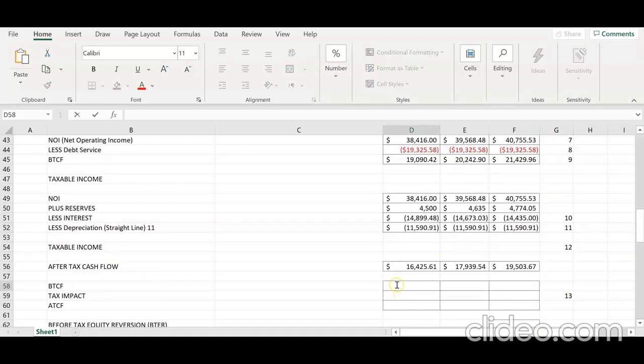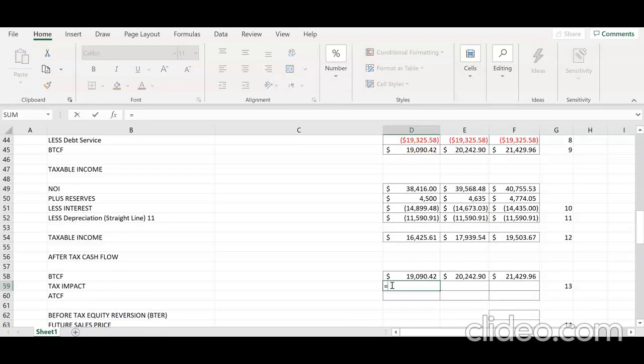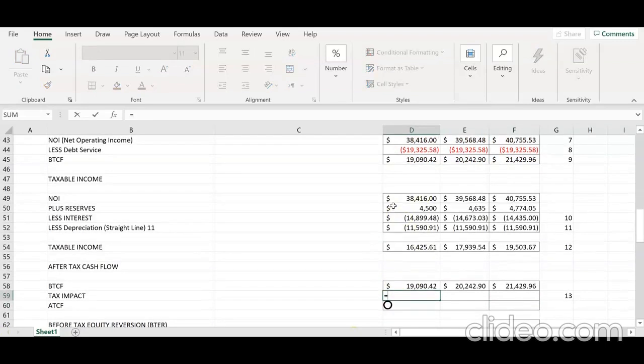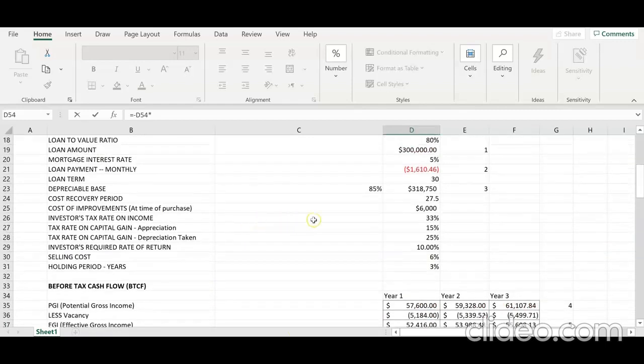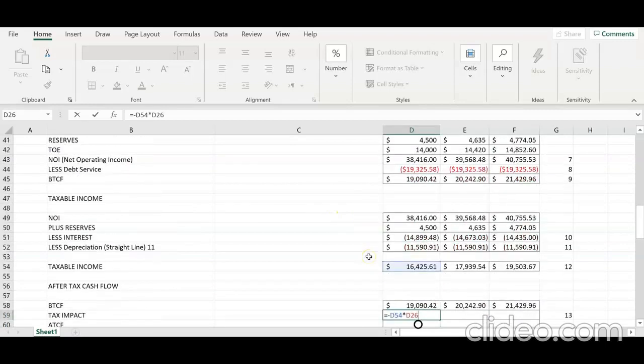Before tax cash flow is going to be the same as the previous assumption, and for the tax impact I used the negative sign, and the taxable income multiplied by the investor's tax rate on income, which is 33%.